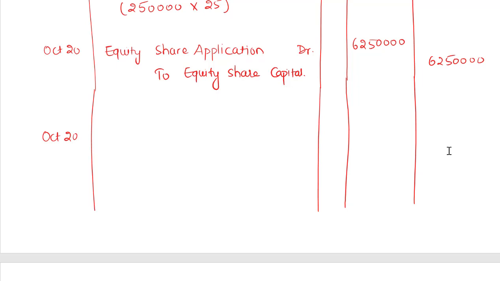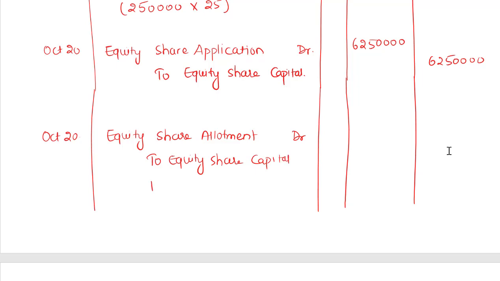On October 20, equity share allotment. Equity share allotment debit to equity share capital and to securities premium account.